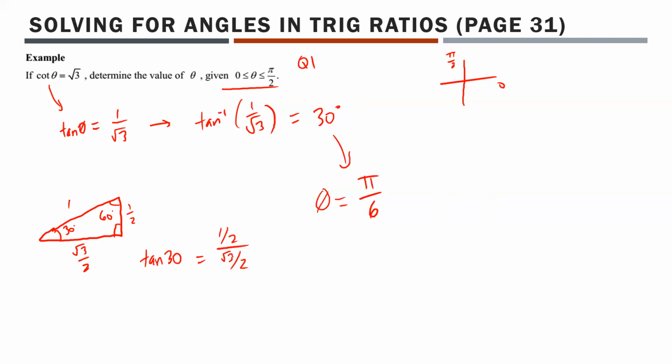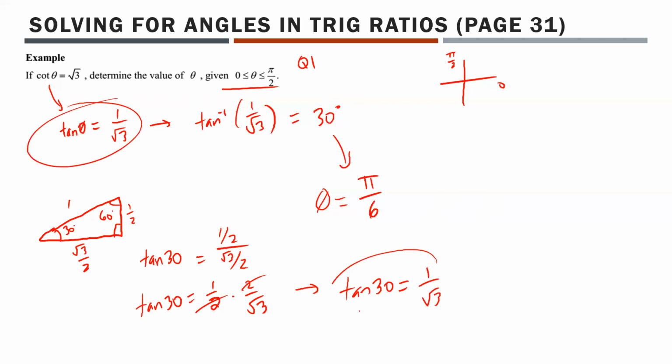And like what we did earlier in that diploma exam question, you can just keep change flip. So it's going to be 1/2 times 2 over √3, and therefore tan 30 equals, these 2's would cancel out, 1 over √3, right? So that is what we had started with up here, so therefore we can identify it from there.